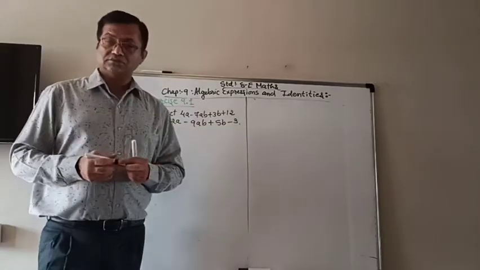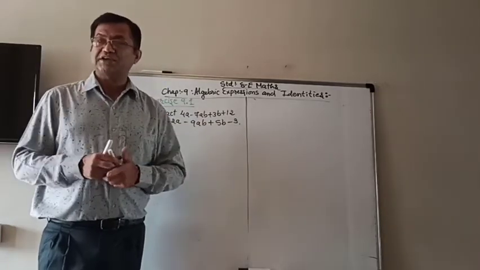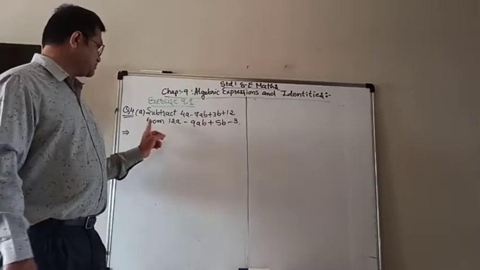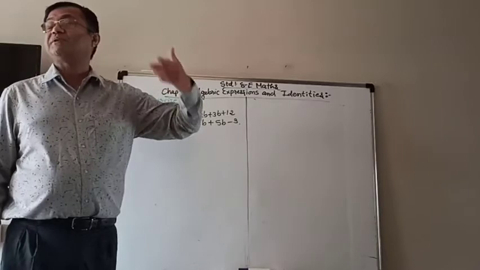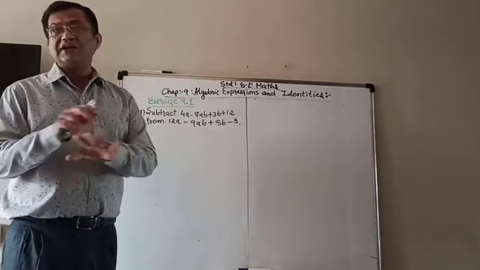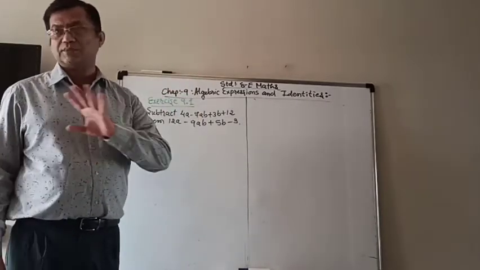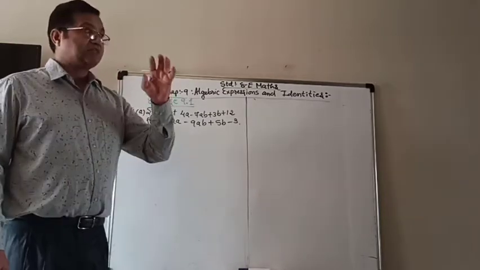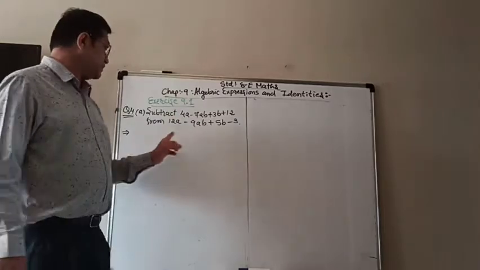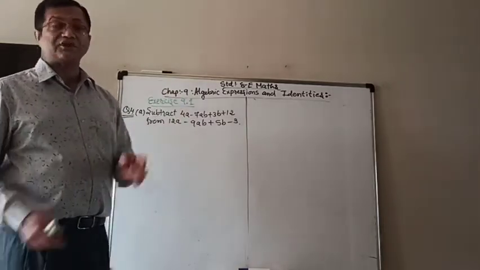Now we saw that when there is subtraction, the second expression means from this. So the second expression will be written first. In addition, you can write down any expression first, second, third, not a problem. But when we are subtracting, we have to remember that the expression which is followed by from will be taken first.